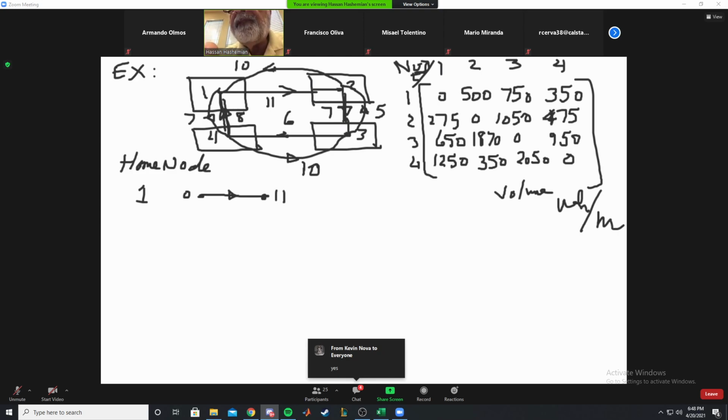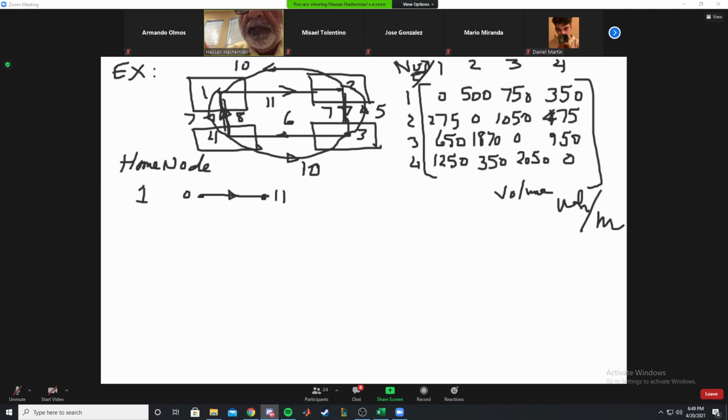So how do I get from 1 to 3? How long does it take, minimum, to go from 1 to 3? 18? Okay. Do you have anything less than 18? 13 if you go from 1 to 4 and then to 3. Yeah, so that's 17, correct?